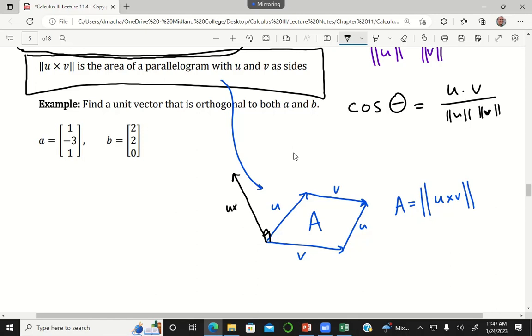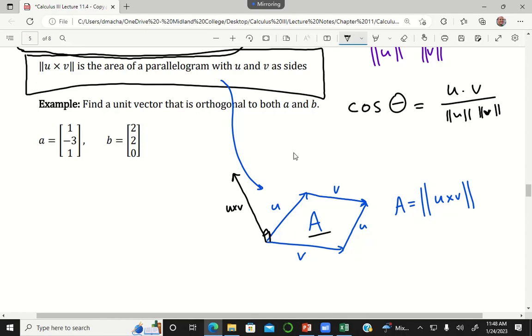So this would be like u cross v over here. But if you were only taking the magnitude, or you're only taking the norm of that vector, it would actually give you the area of this parallelogram. So if you can remember that the norm of the cross product is the area of the parallelogram, and you also know that u and v are parallel, so u and v are pointing in the same direction, well then that parallelogram is going to have 0 area.